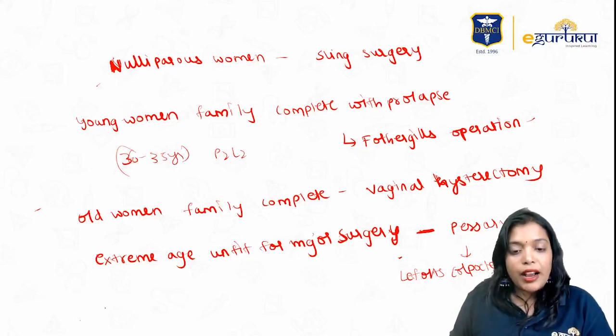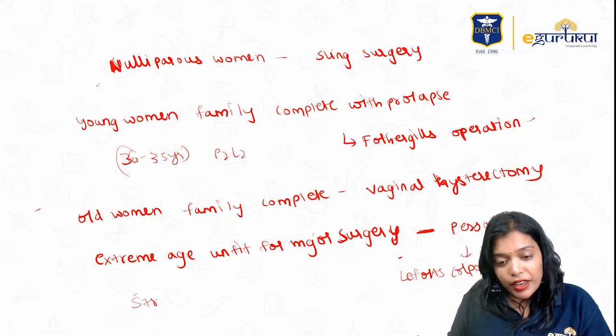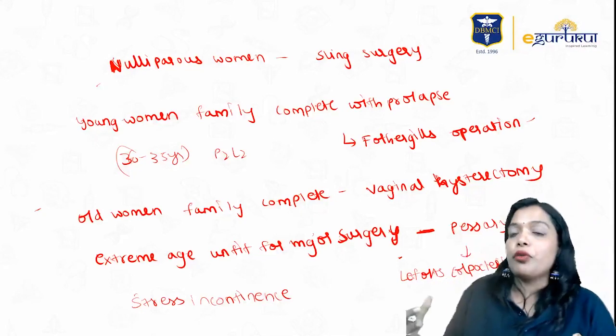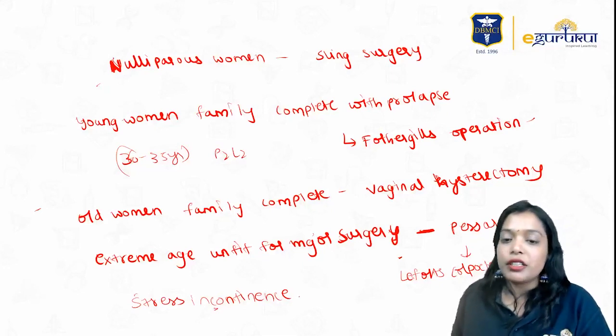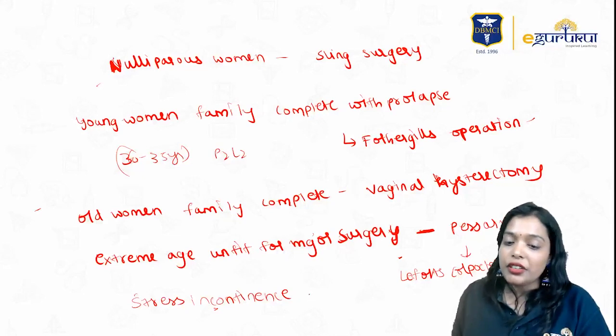Next, stress incontinence. I already told you, also write it as a table. I want you to keep this in your last minute revision table. In the entire chapter of urogynecology, this much is very important for you to revise: what surgeries for what. Most of the time they ask you the surgeries themselves. For stress incontinence, TOT followed by TVT followed by Burch.